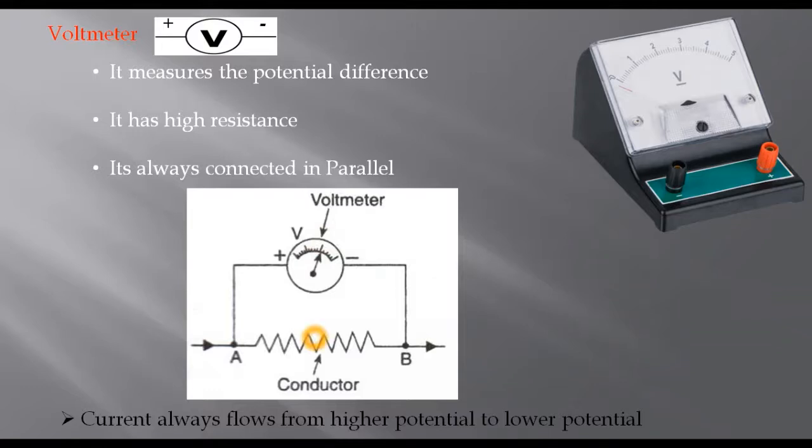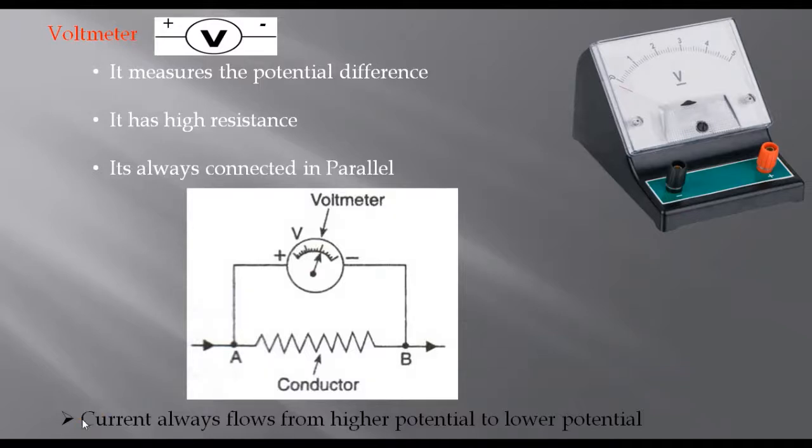So a voltmeter is always connected in parallel, and it has high resistance. One more thing, potential difference has another name, that is voltage. So a voltmeter measures the potential difference, or you can say it measures the voltage.